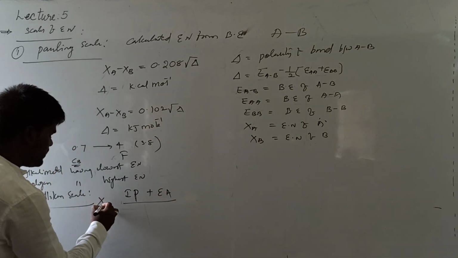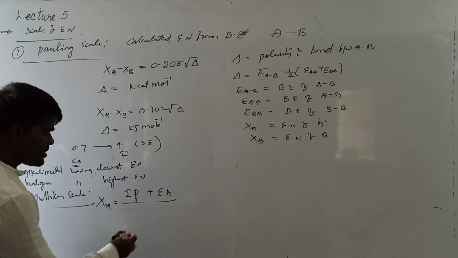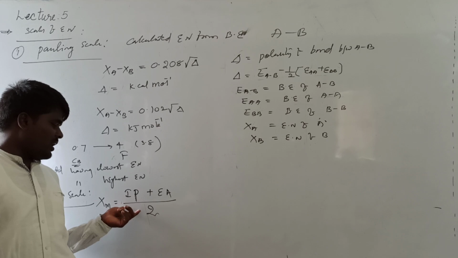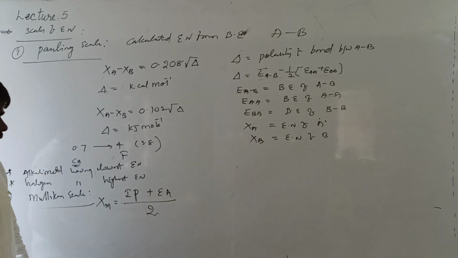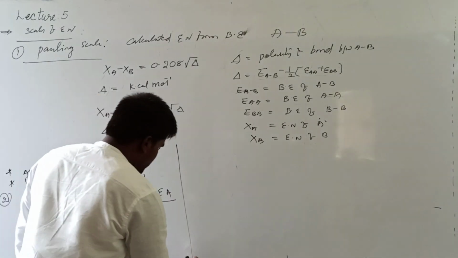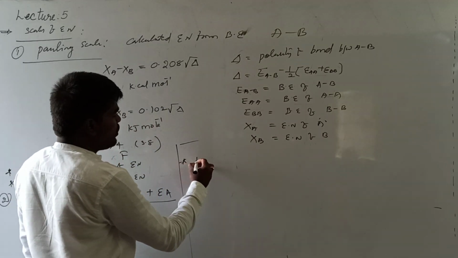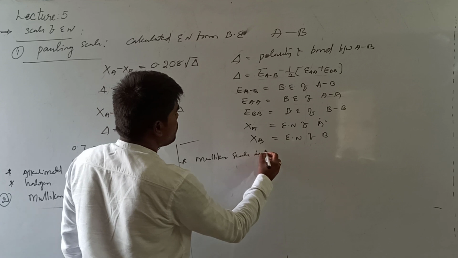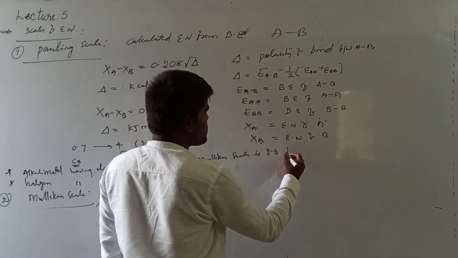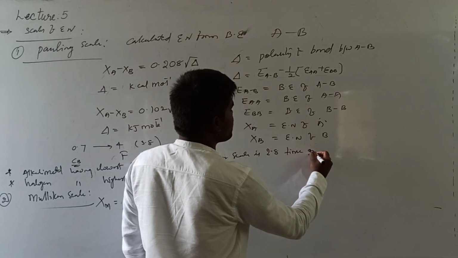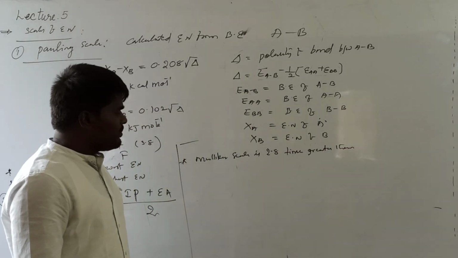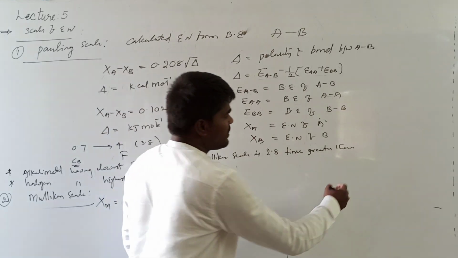He calculated the electronegativity as the average of ionization potential and electron affinity. An important thing is that the electronegativity on the Mulliken scale will be 2.8 times greater than on the Pauling scale.